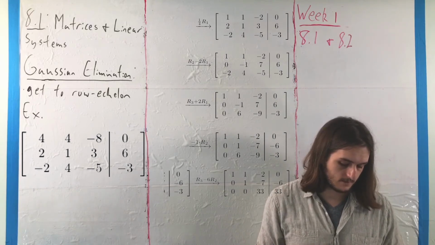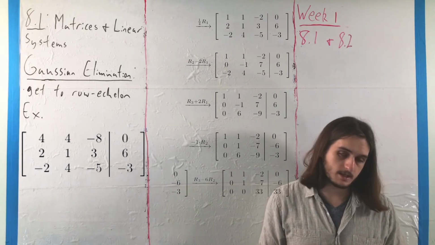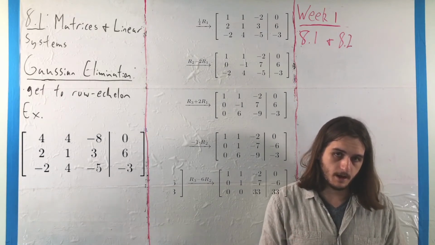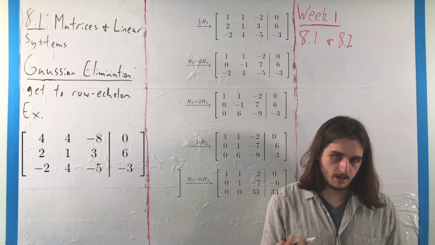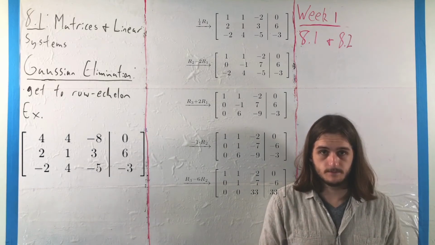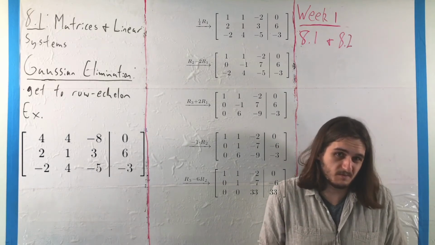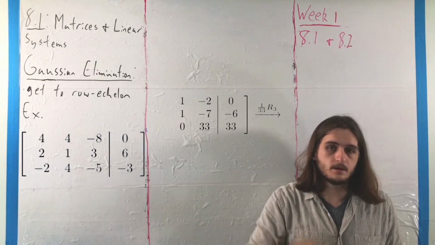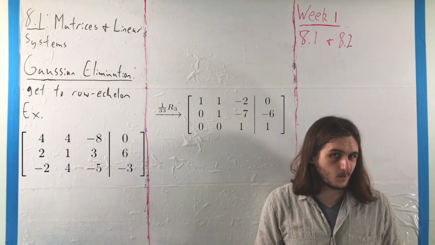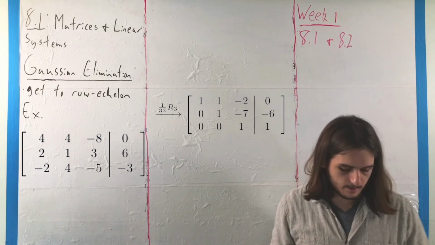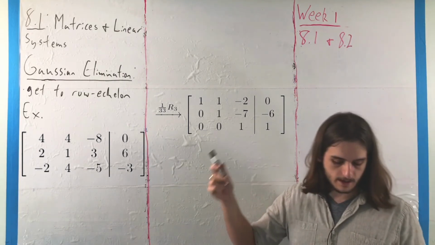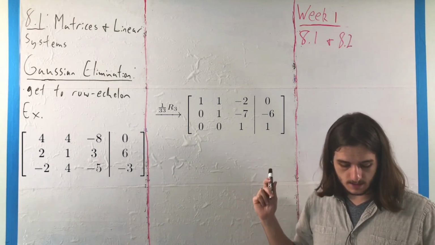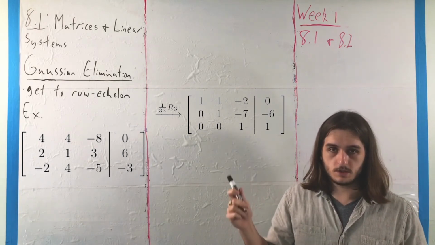And then you have negative 6 times negative 6, you get positive 36 minus 3 gives you 33. So your final row for those big numbers is actually pretty nice. It's just two 33s, knock out the 33s, and you get 1s. So what you end up with is 1, 1, negative 2, 0, 0, 1, negative 7, 6, and 0, 0, 1, 1.